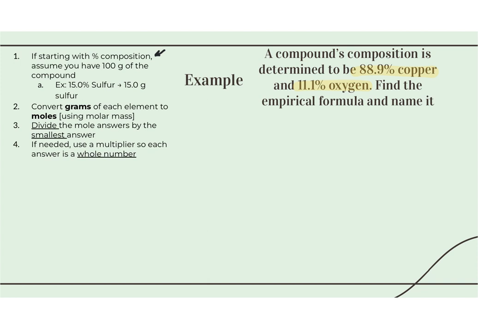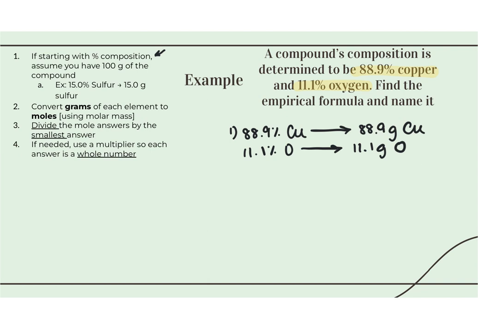That's what I've been given. And I want to convert those percents into grams. So what that means is, for the first step, I had 88.9% copper. I'm going to convert that to 88.9 grams of copper. I'm going to do the same thing with the oxygen. Convert that to 11.1 grams of oxygen.